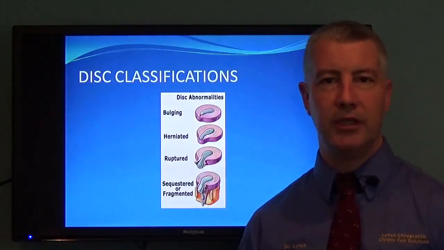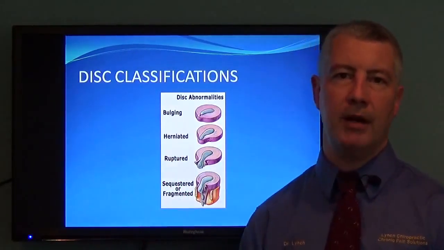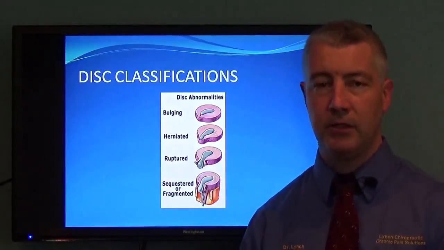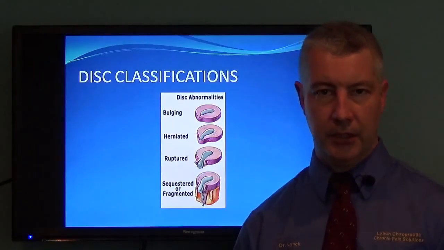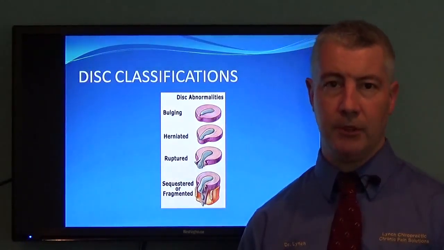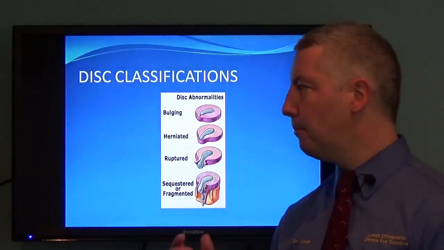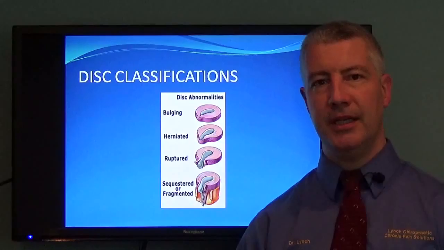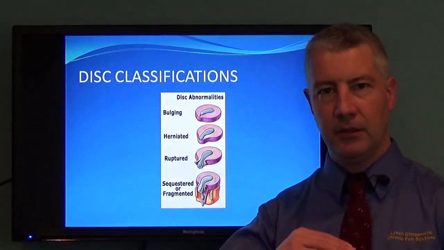So how do you get to a condition like this where it's starting to bulge or herniate or rupture? Well, there's a couple ways. One is through trauma: car accidents, sporting accidents, micro traumas, repetitive stress injuries. What can happen is the vertebrae themselves can get out of alignment.